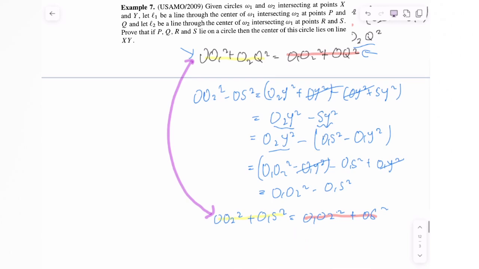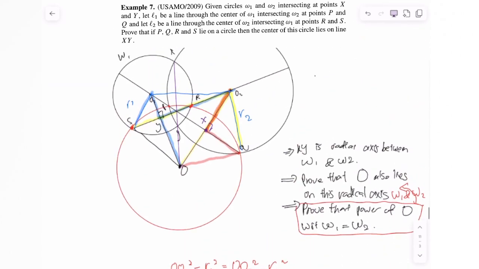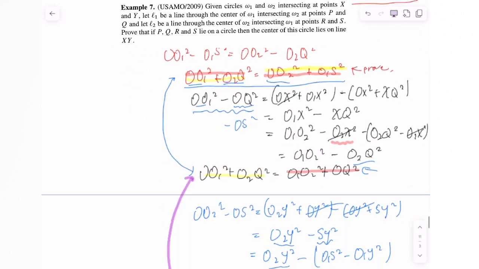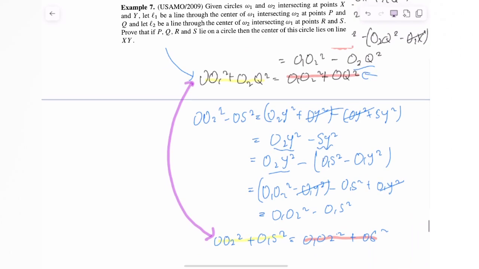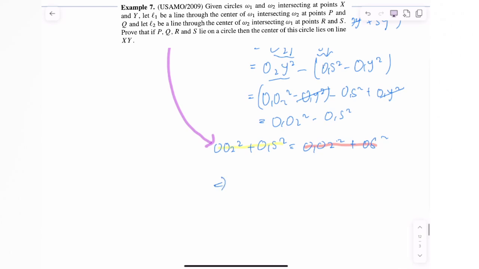But what have I told you? Since S and Q both lie on the circle, OQ will be the radius of the red one. OS would also be the radius of the red one. That means OQ equals OS, so OQ squared equals OS squared.